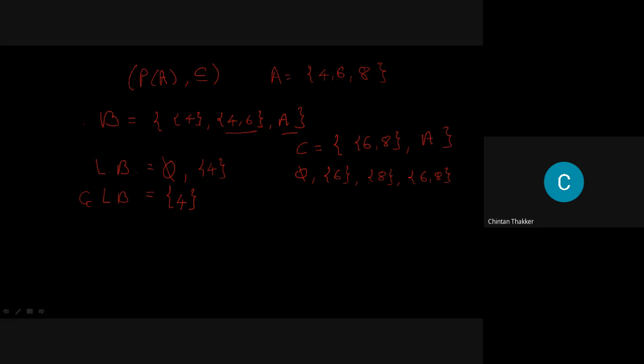So all 4 lower bounds are subsets of {6, 8}, so it is the greatest lower bound. So we have the greatest lower bound is {6, 8}.